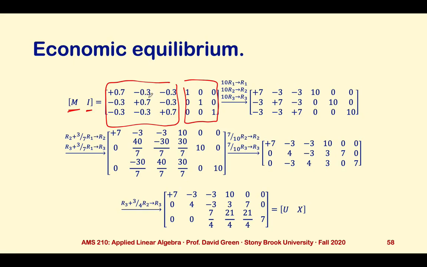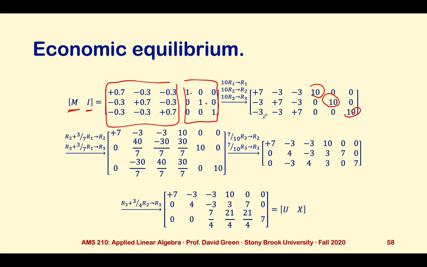So the first step, I don't like working with decimals. I'm going to multiply every row by 10 just to move into whole numbers, and that transforms the system into here, making sure that we multiply the identity block also, so we now have 10s in these positions rather than the 1s that we started with.